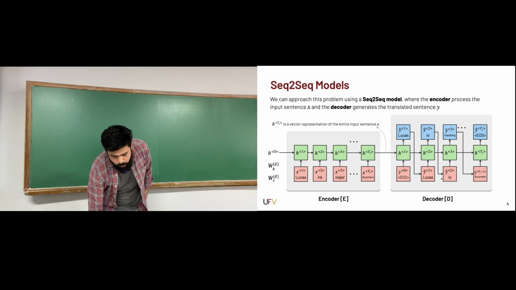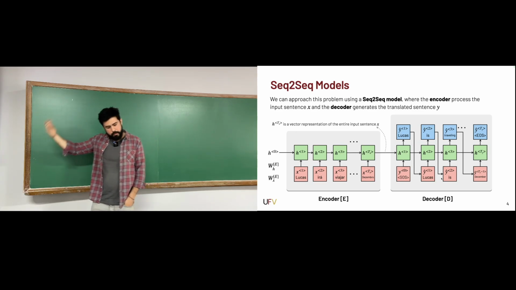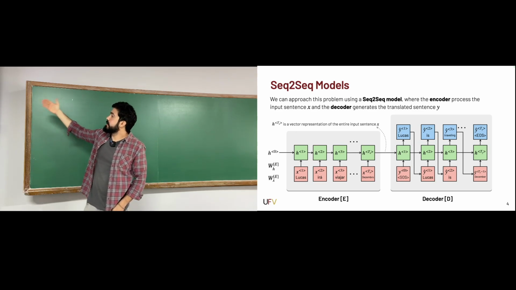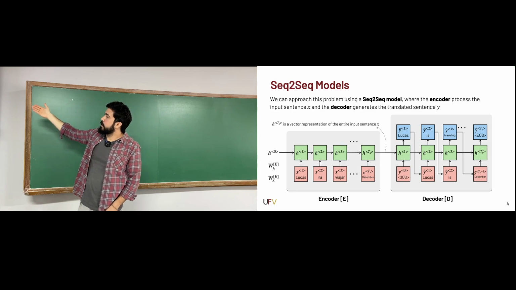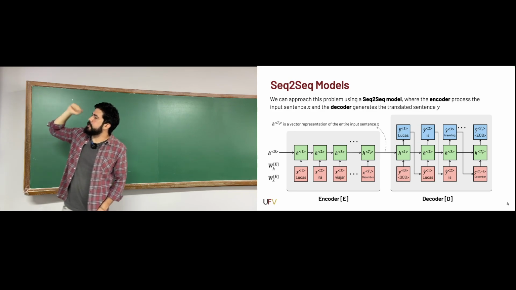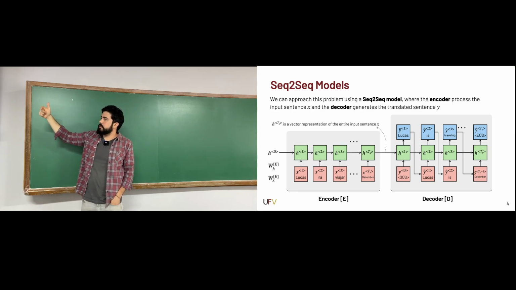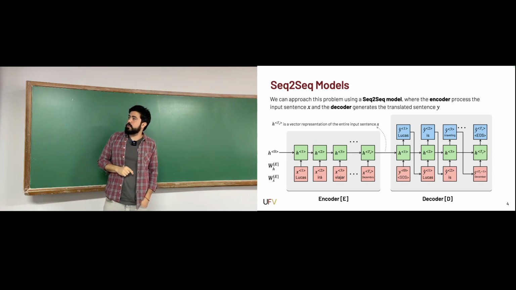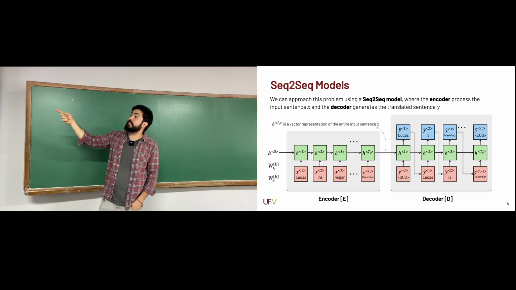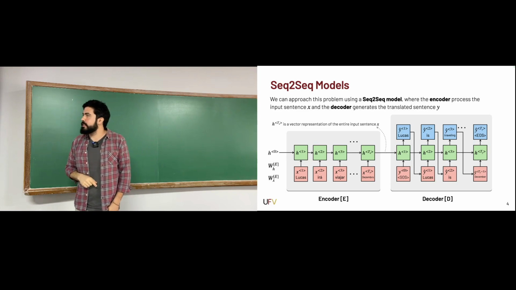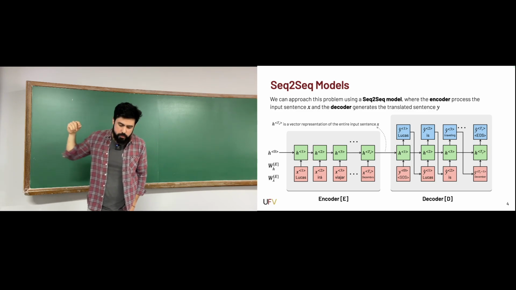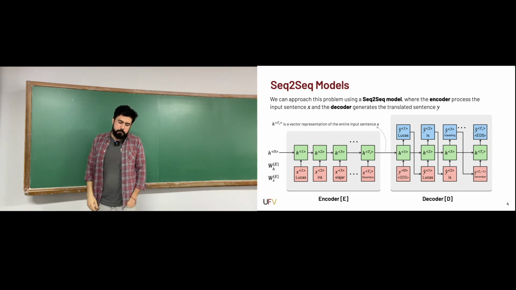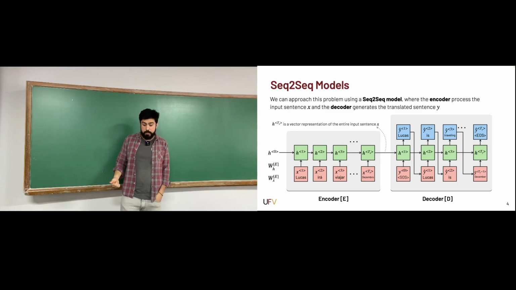Because the decoder now has to produce an output sequence of length TY, but starting its first h_1 context with the h_TX context from the encoder, or the last hidden state of the encoder goes into the first hidden state of the decoder.